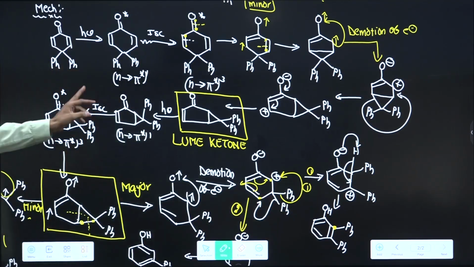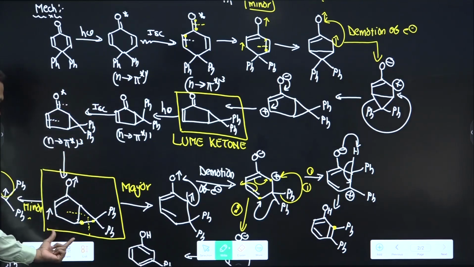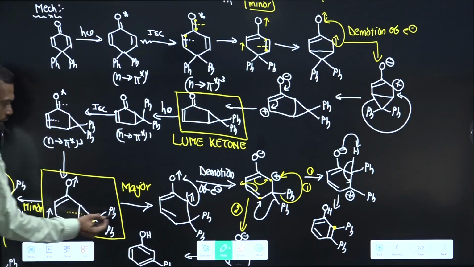So wherever I have written yellow boxes, from there onwards the reaction is getting differentiated, especially this one. So this cleavage goes to the right side.